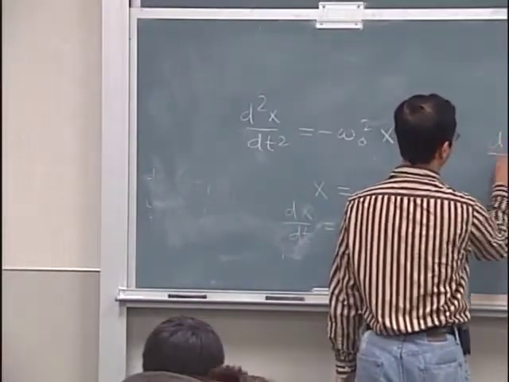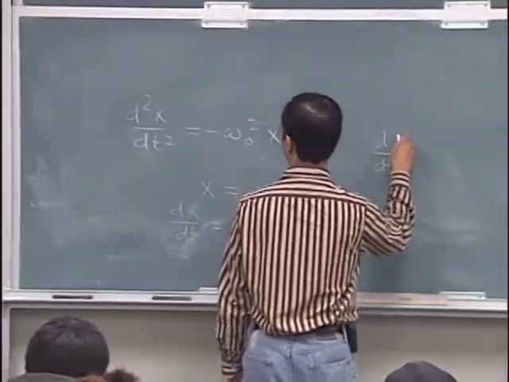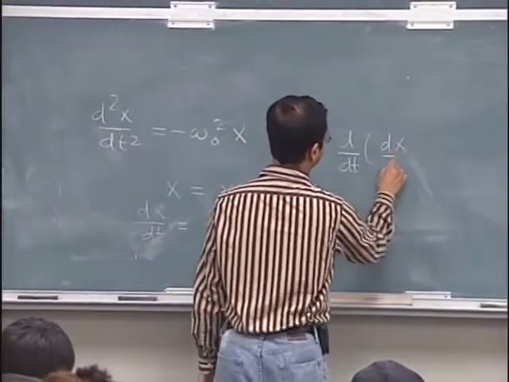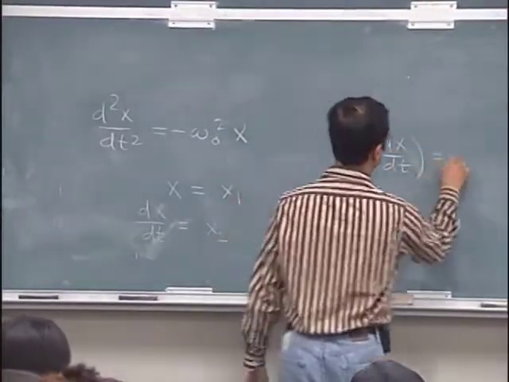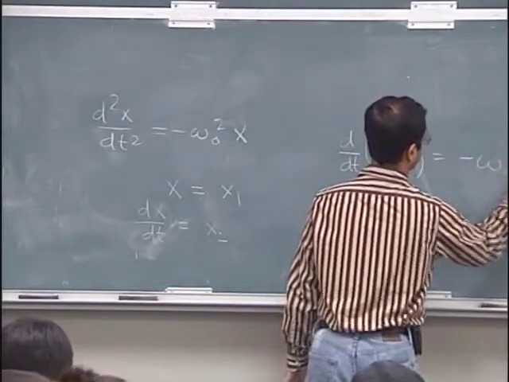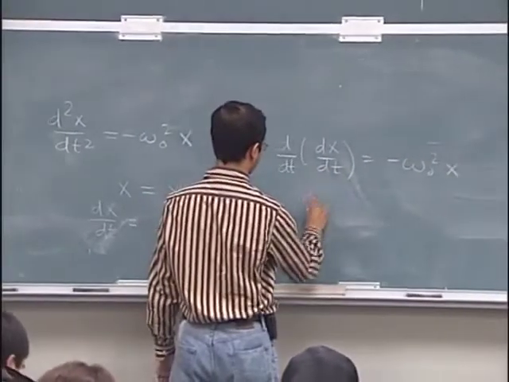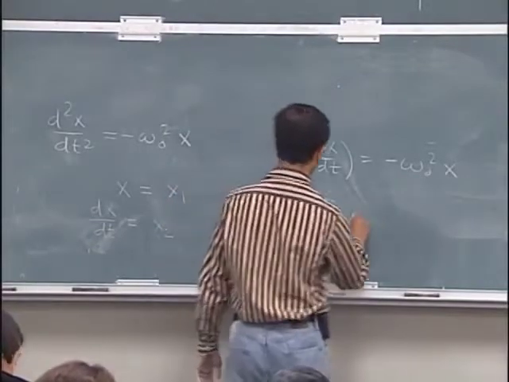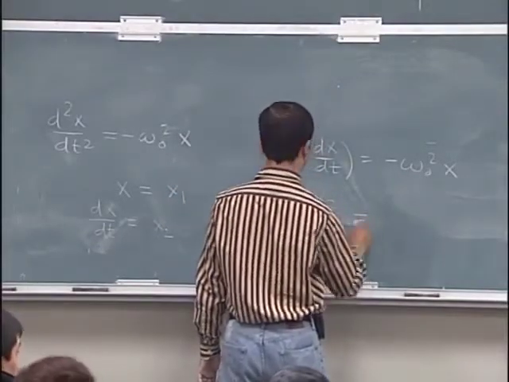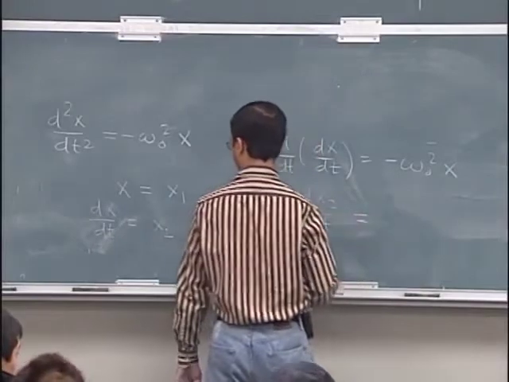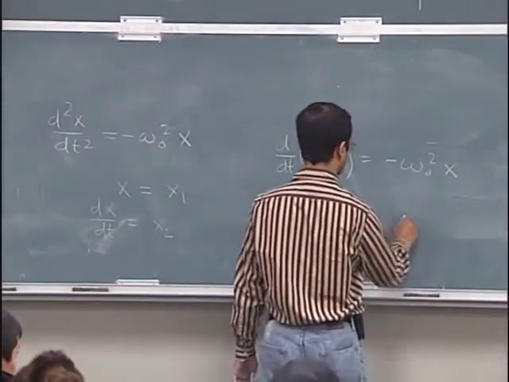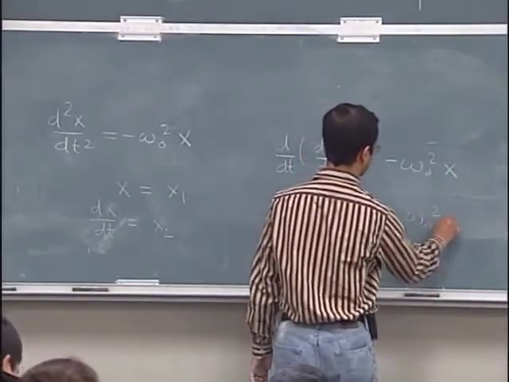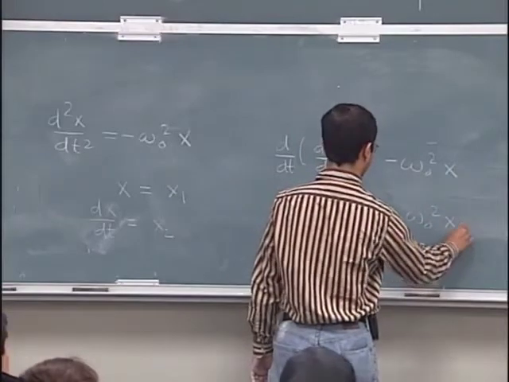So d2x dt2 becomes d dt of dx dt equals minus omega 0 square x1.